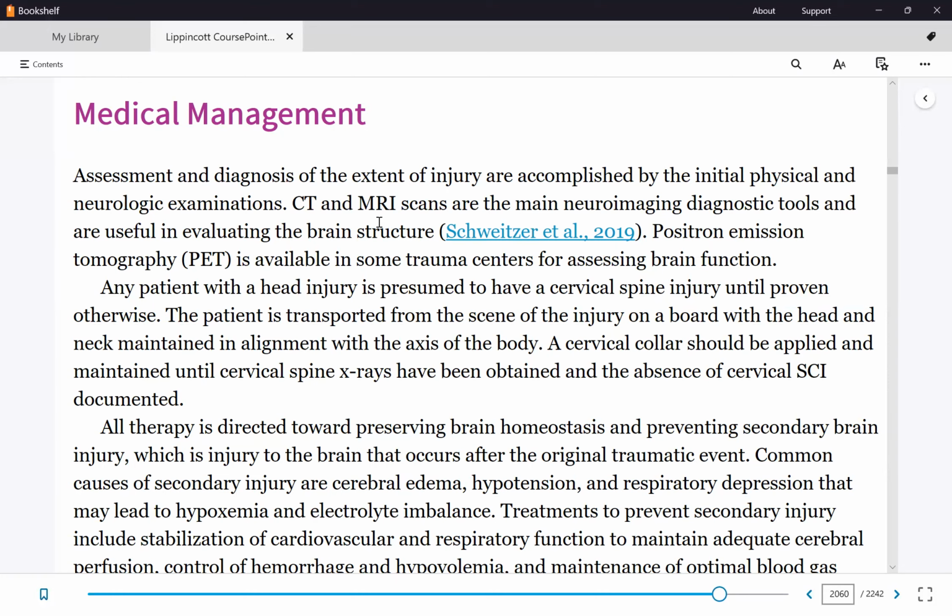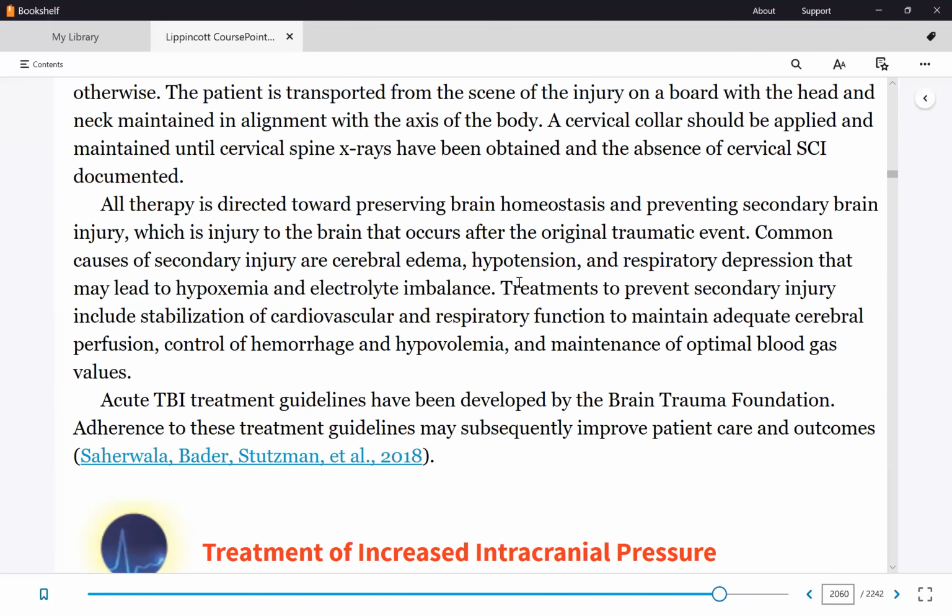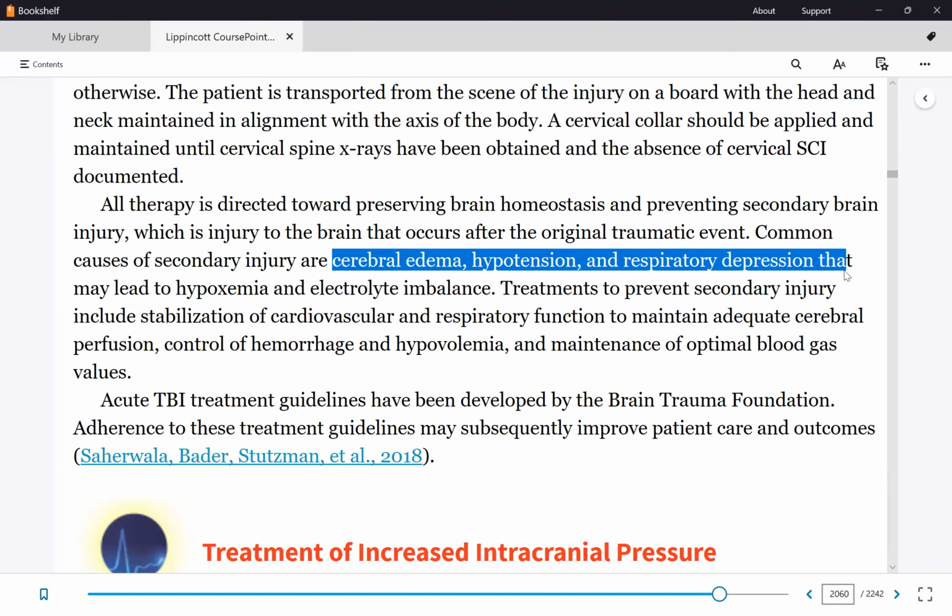And like I said, until we rule out spinal cord injury, during the initial intervention, the patient must be in a rigid cervical collar. Among these secondary injuries again are cerebral edema, hypotension, and respiratory depression.